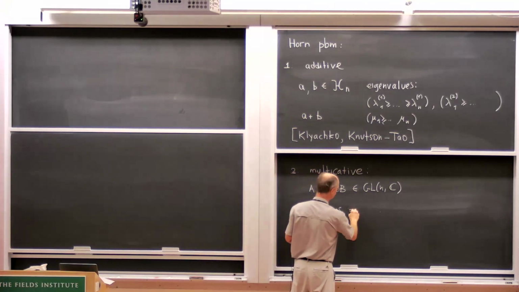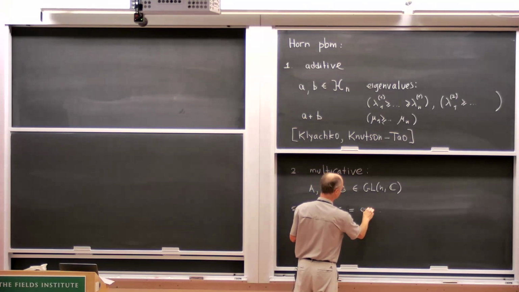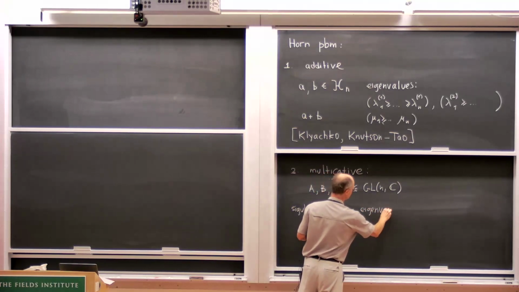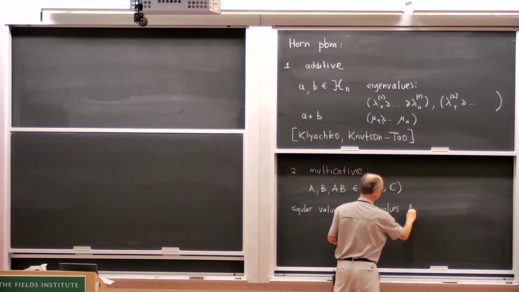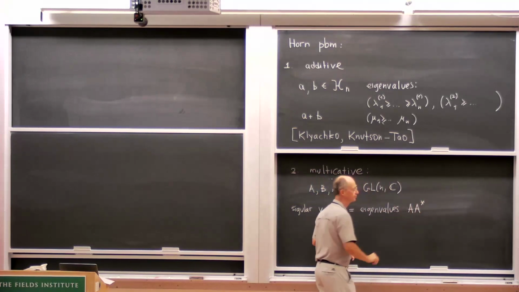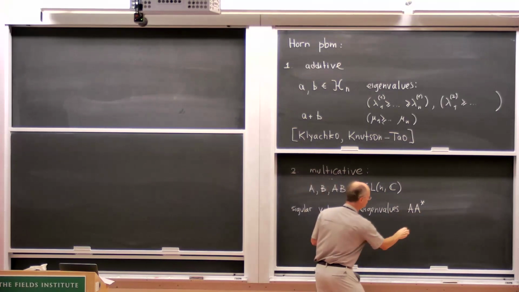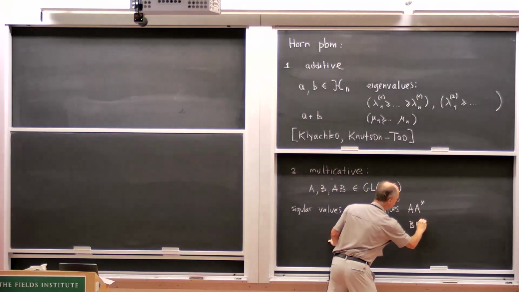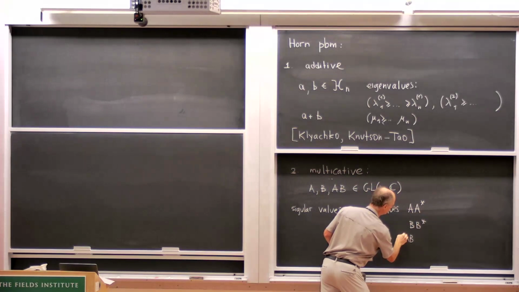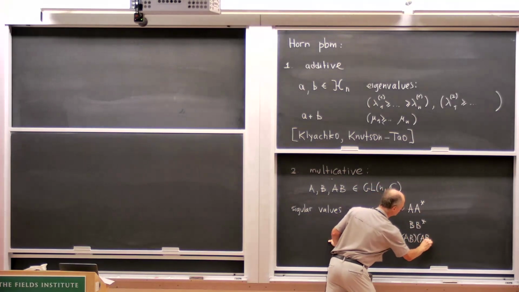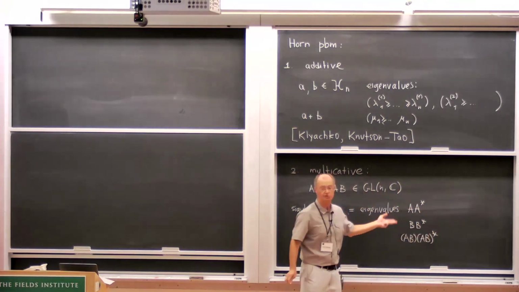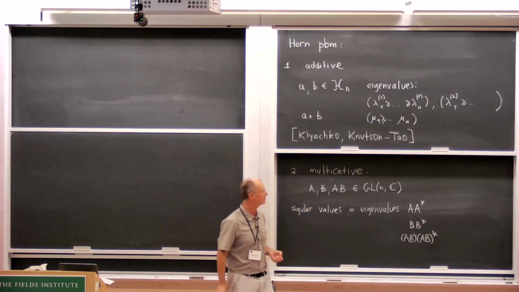That's something which is popular in numerical analysis. And these are just eigenvalues of the products A star A, B star B, and then it will be AB times (AB) star. They are, of course, also reals, but now positive reals.